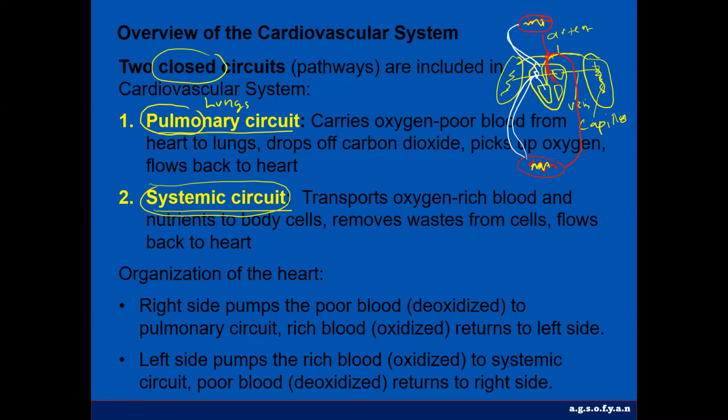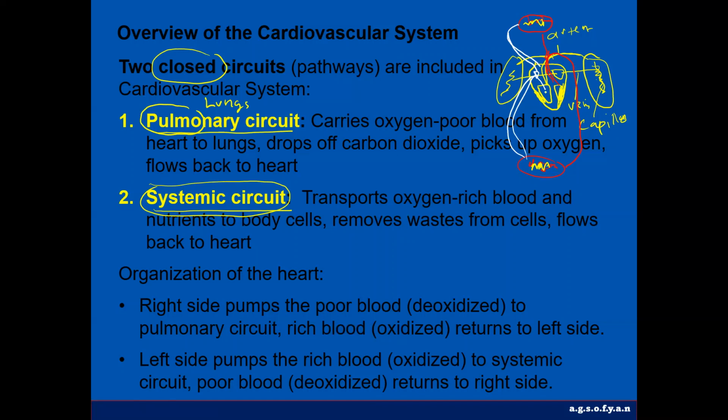And you're gonna see later when we talk about the structure of the heart, the left side of the heart will have bigger muscle compared to the right side, because the left side pumps the blood to the whole body, which is harder work. Therefore, the muscle is bigger.